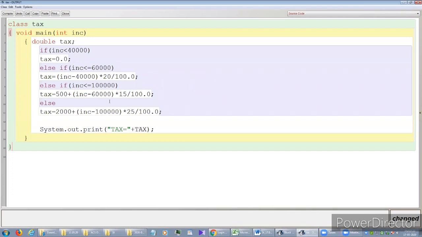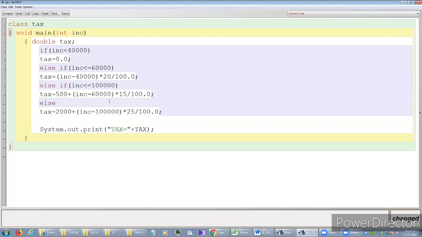So now, as per the question paper, up to 40,000, no tax. If anyone earns 30,000, directly in the first slab, it will print tax is 0. But if anyone earns 50,000, the first condition is not satisfied. It will move on to the second condition, and income less than or equal to 60,000 is satisfied.